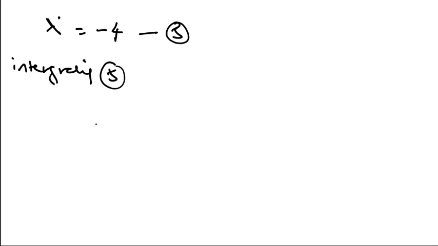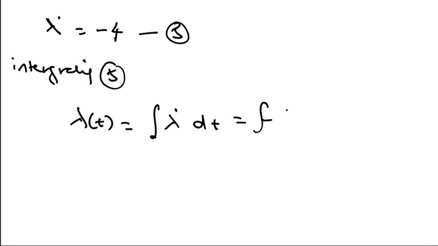So lambda t is actually what? Integrate lambda dot dt. So when we integrate, we get minus 4 dt equivalent to minus 4t plus constant. Let's call this constant 1. So let's call this equation 6.